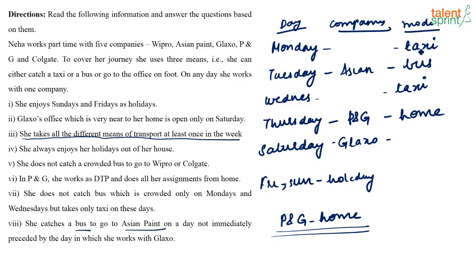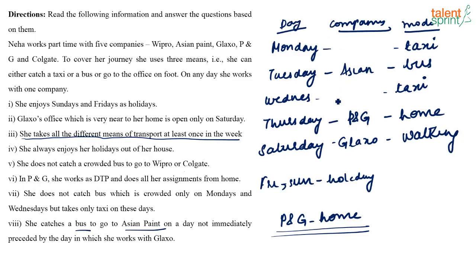So if you see, she has used taxi, she has used bus. One day she is working from home, so she is not using any mode of transport. So what should be her mode of transport on Saturday? It has to be foot, because she has not used that till now in this week. So Saturday she is walking to office.